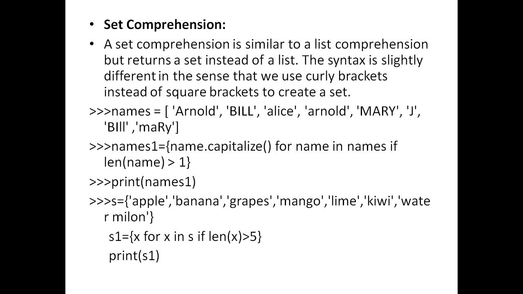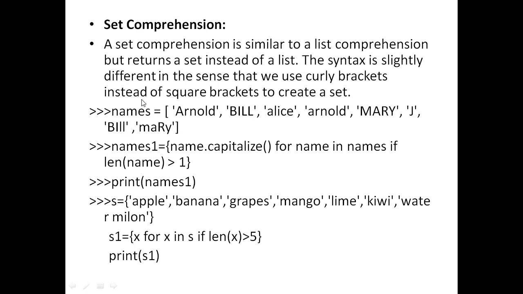When it comes to syntax, it is similar, but the only thing is curly braces which you are going to use here. With the help of curly braces, we can work on that. For example, here I'm having one list which contains some data, some names like Arnold, Bill, Alice.